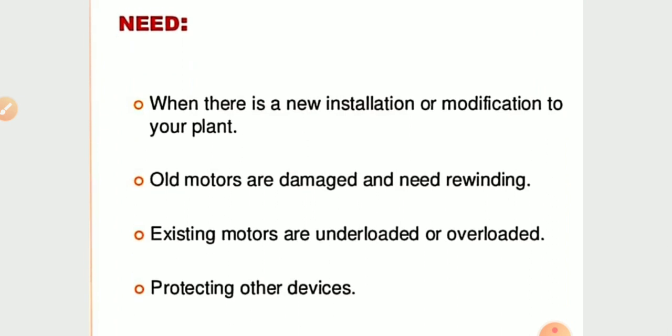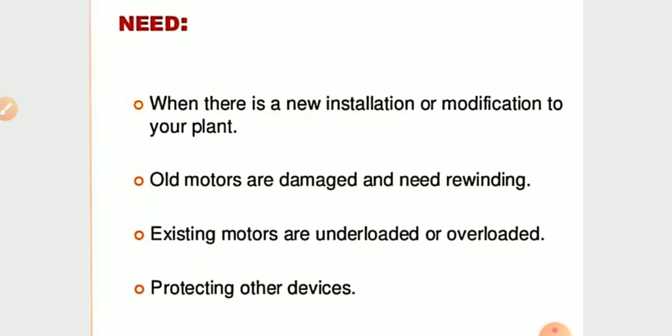What is the need for using an energy efficient motor? We use the energy efficient motor when there is a new installation or modification to your plant, when old motors are damaged and need rewinding, and when existing motors are in underloaded or overloaded condition.